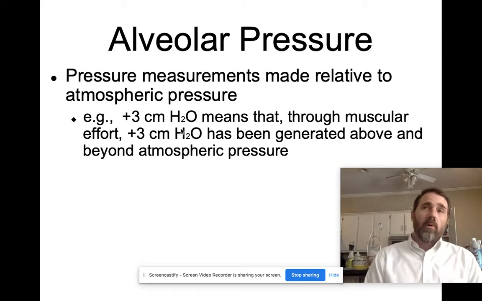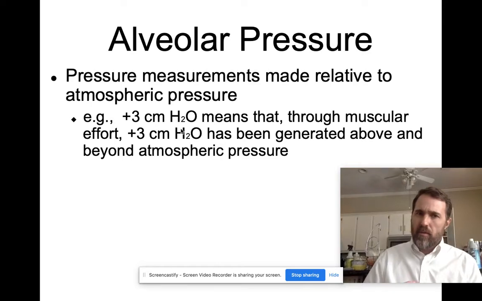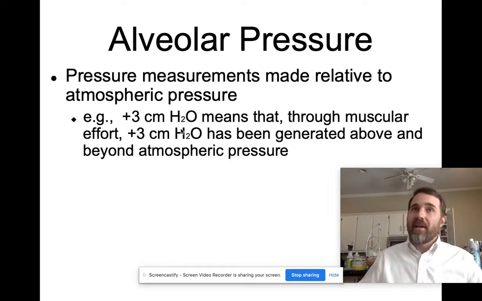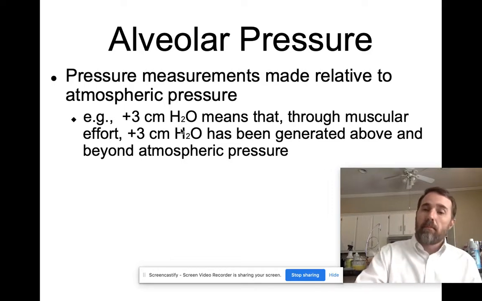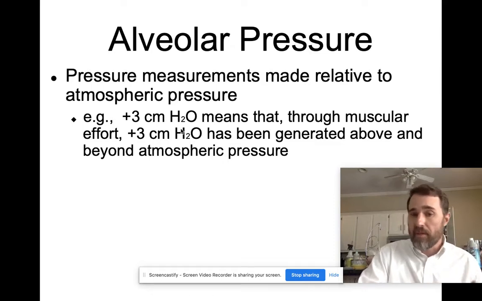During the normal course of respiration, alveolar pressure drops to about -2, -3 centimeters of H2O for inspiration. And then that shifts to about +2, +3 centimeters of H2O for expiration.